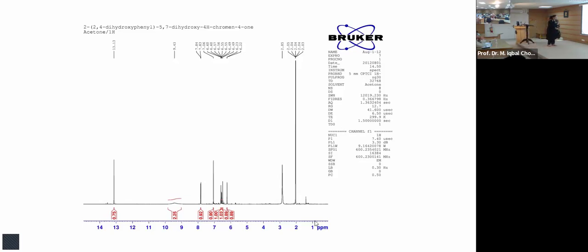When you have some electrons, for example if you are talking about phenyl rings, the pi electrons in the ring are aligned to the magnetic field. That means they give more effect on the nuclei, and that is why the signal has to move and appear in the downfield region.